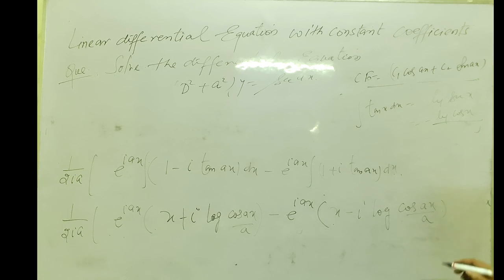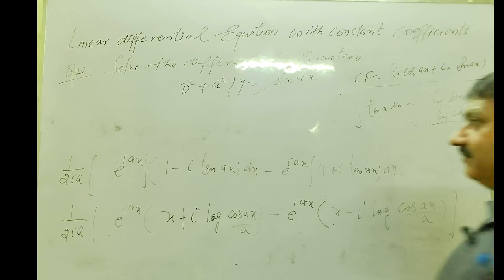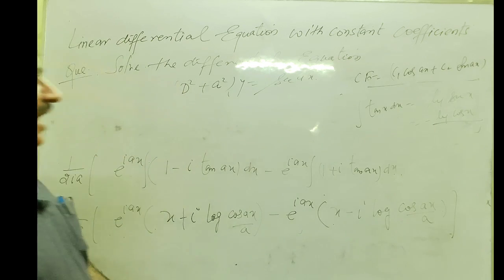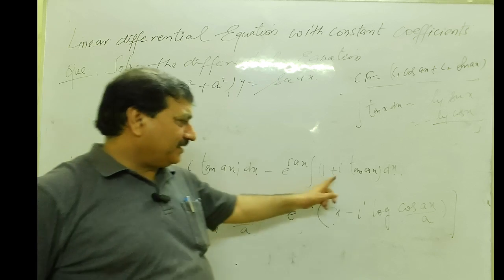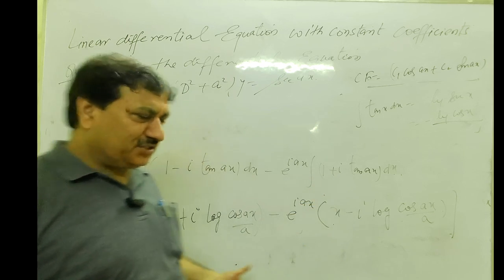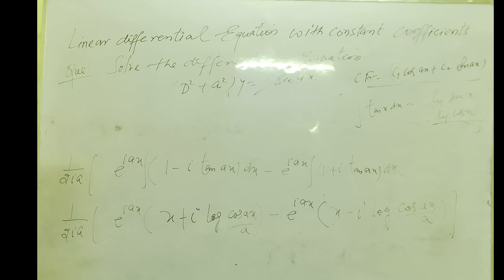Okay, this is the final integration of this formula. This is the complete answer, and in other words, I replaced i by minus i here. This is negative sign, this is plus sign, the same question is replaced. This is the particular integral.